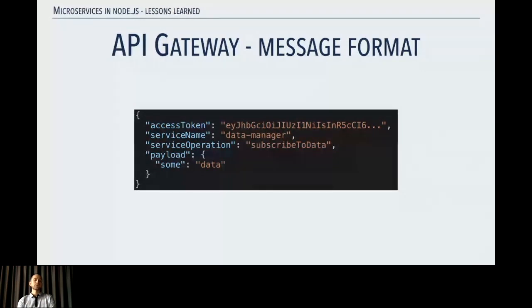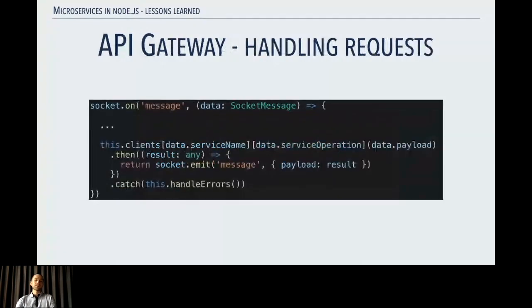And we can add a few more things like access tokens and so on. If the message has a proper format, then the API gateway can handle that request properly. Let's say each time it gets a message, it looks for a proper client, which gives the opportunity to connect to that particular microservice, and then it sends that request to that service, then sends the response message back to the client.